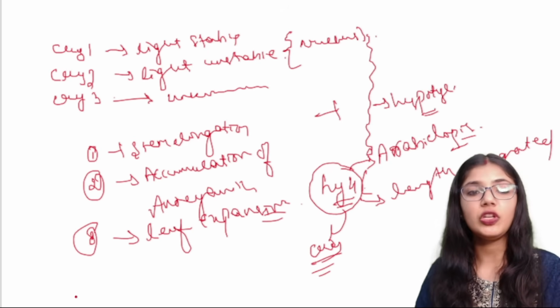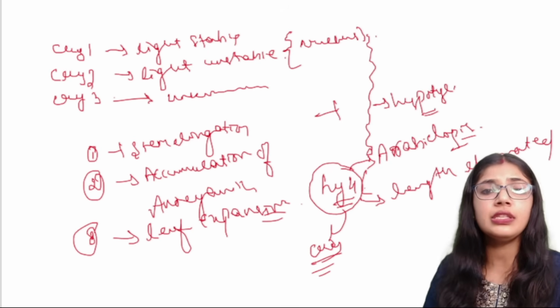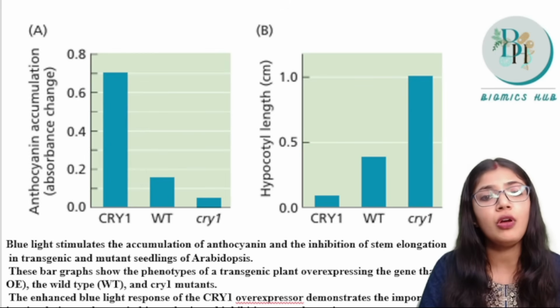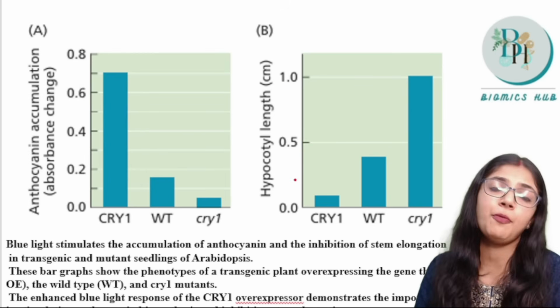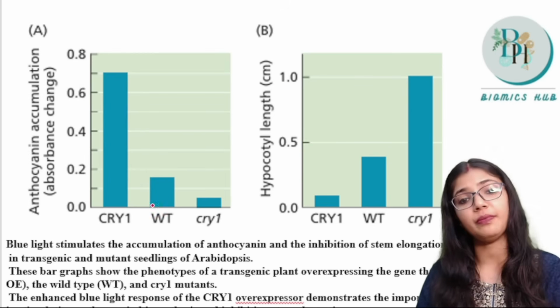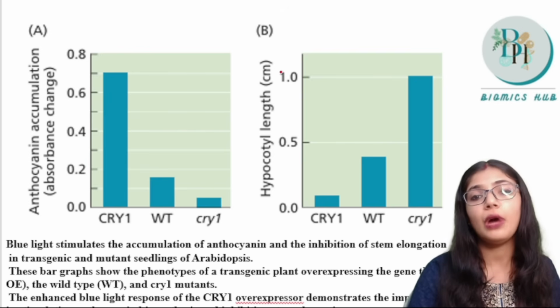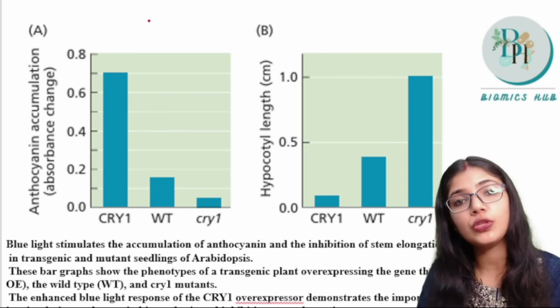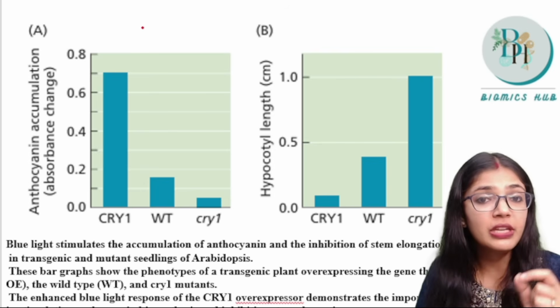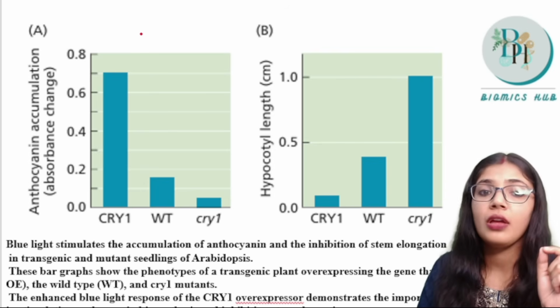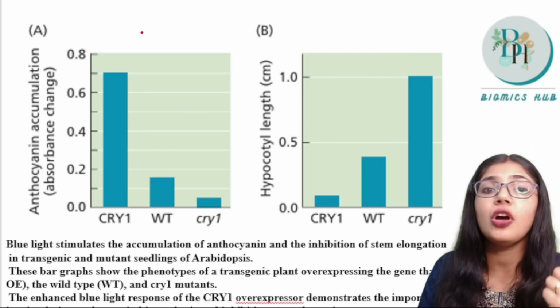Now let us see how anthocyanin accumulation and hypocotyl length are regulated by these Cry proteins. The anthocyanin is regulated by the cryptochrome, and through it anthocyanin is produced.